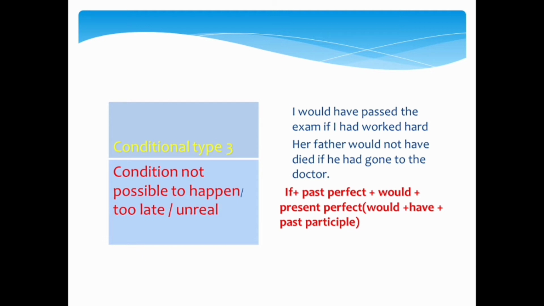Now conditional type 3. Conditional type 3: a condition not possible to happen because it's too late and unreal. I would have passed the exam if I had worked hard. Her father would not have died if he had gone to the doctor. The structure is if plus past perfect plus would plus present perfect.